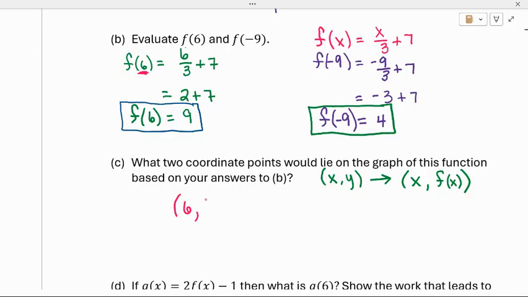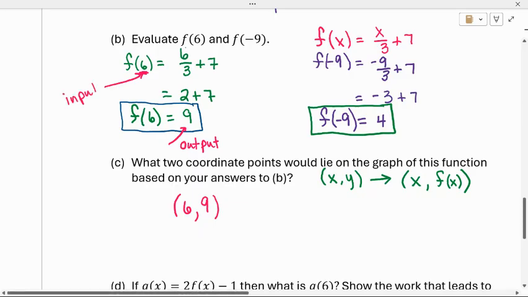Lissandro? 9. That's our first ordered pair. Remember that this is your output. This is your input. Okay. Does someone see another ordered pair that we have from the work that we did above? What was our other input value from above? What else did we input?